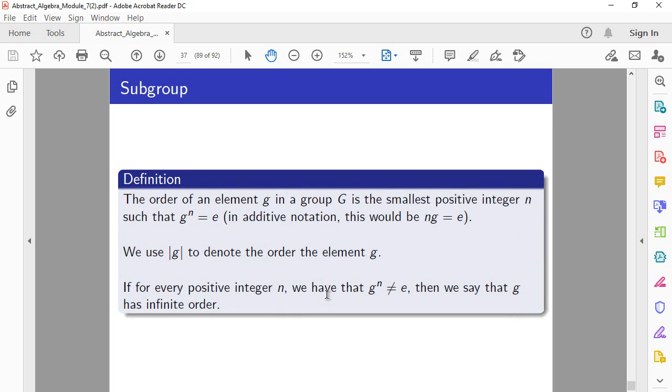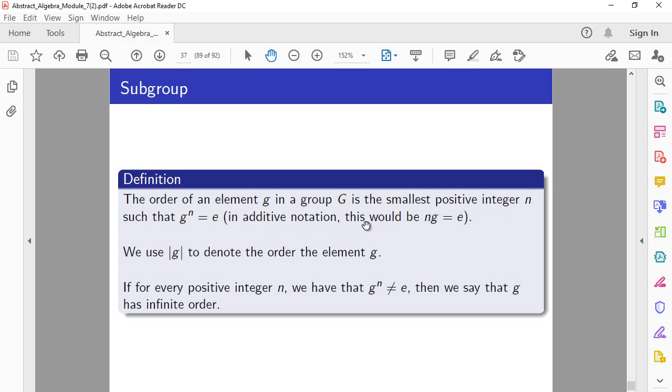Okay, so this would be a very key definition. Let g be an element of a group G, and then the order of the element g is the smallest positive integer n such that g to the n is e.